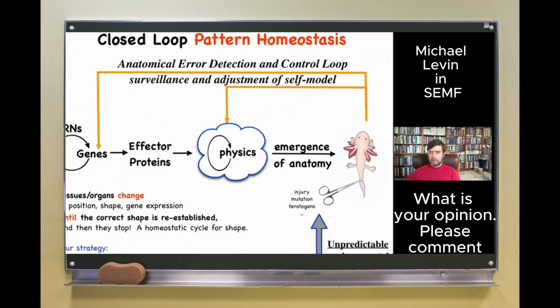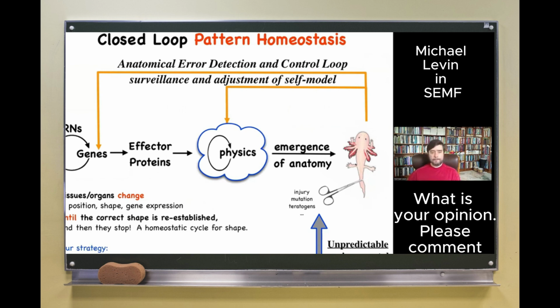And so what we've been doing is, to this standard picture of developmental biology, where you have some gene regulatory networks, and then some physics happens with these proteins, and then there's emergence, this magical process whereby you get this complex shape. Yeah, it's not all feed forward. There's this amazing ability, both at the level of physics and genetics, to return you to a correct state if you're deviated by injury, mutation, teratogens, whatever.